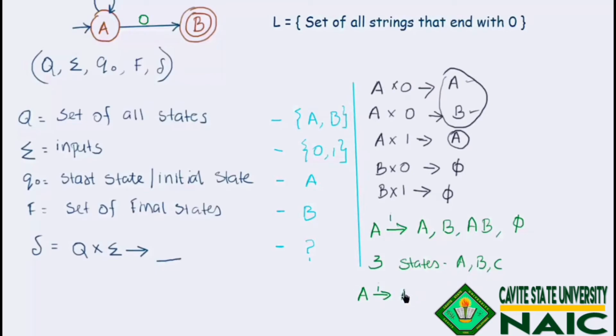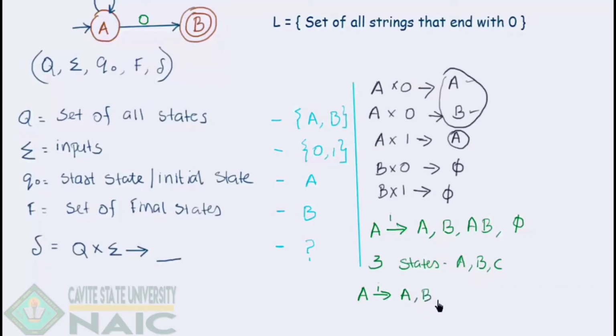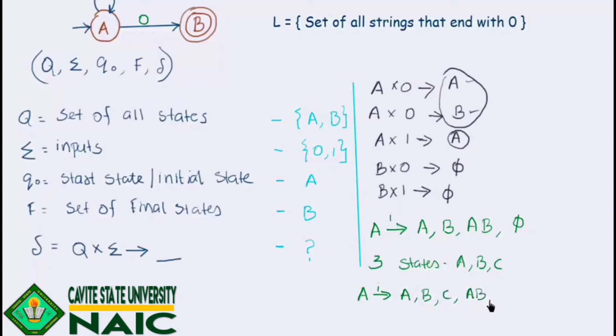A can either go to itself, or it can go to B, or it can go to C, or it can go to A and B, or it can go to A and C, or it could go to B and C, or it could go to all of them, A, B, and C. Or it could not go anywhere. Okay, so we see that when we had three states, there were 8 possibilities. 1, 2, 3, 4, 5, 6, 7, 8.